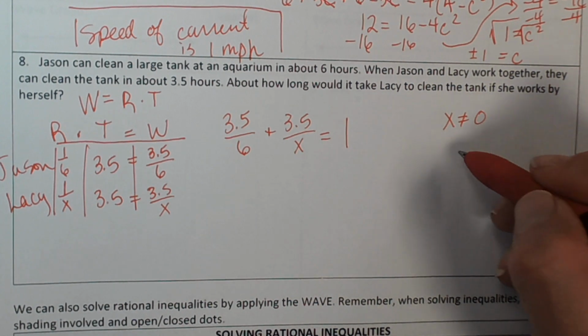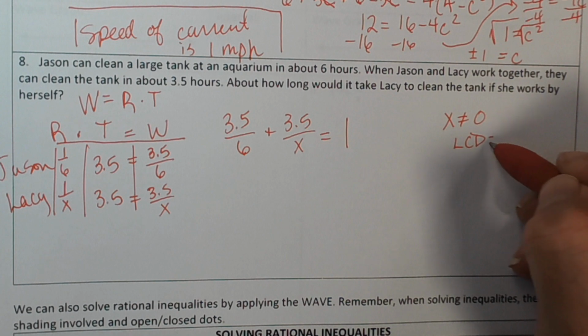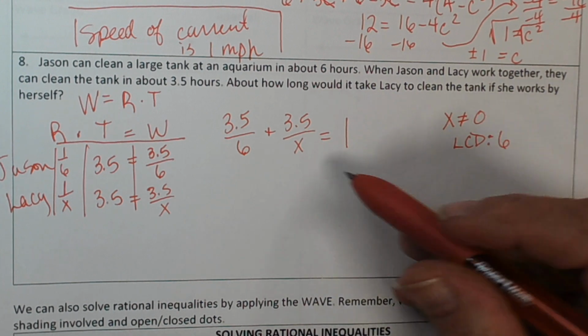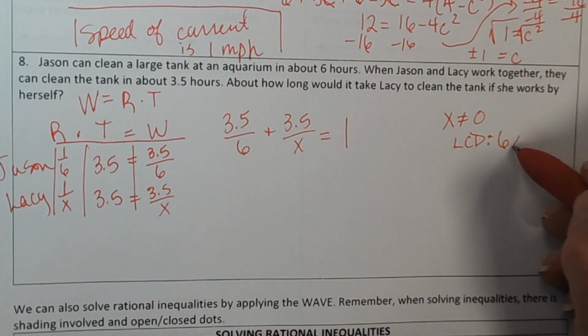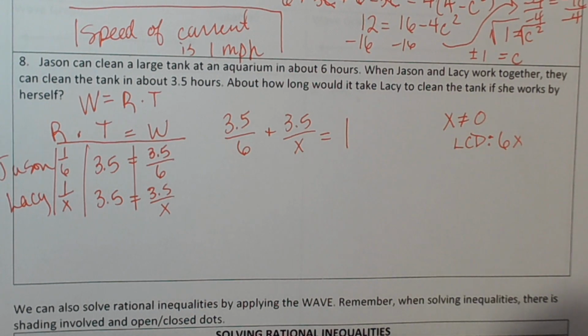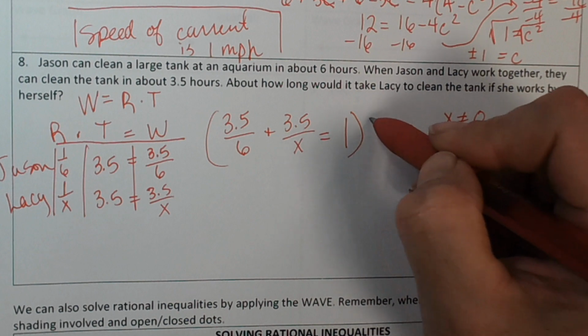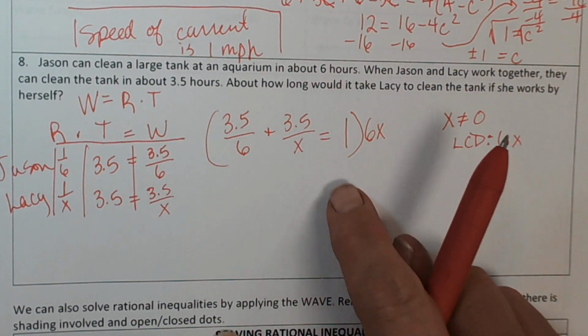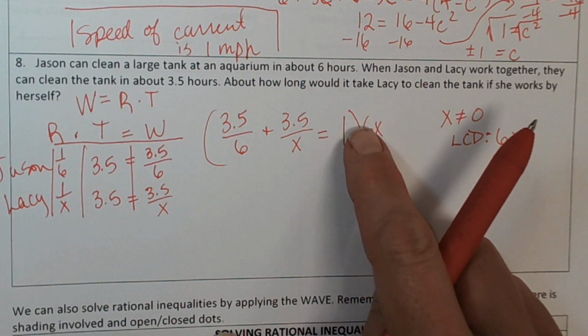And then I've got to go figure out what my LCD is. Well, I have a 6 in the denominator, so I need a 6 in my LCD. I have an x in the denominator, so I need an x for my LCD. So now I'm going to multiply this whole equation by 6x. Here again, I'm going to do my little covering up trick so I don't have to write everything out.